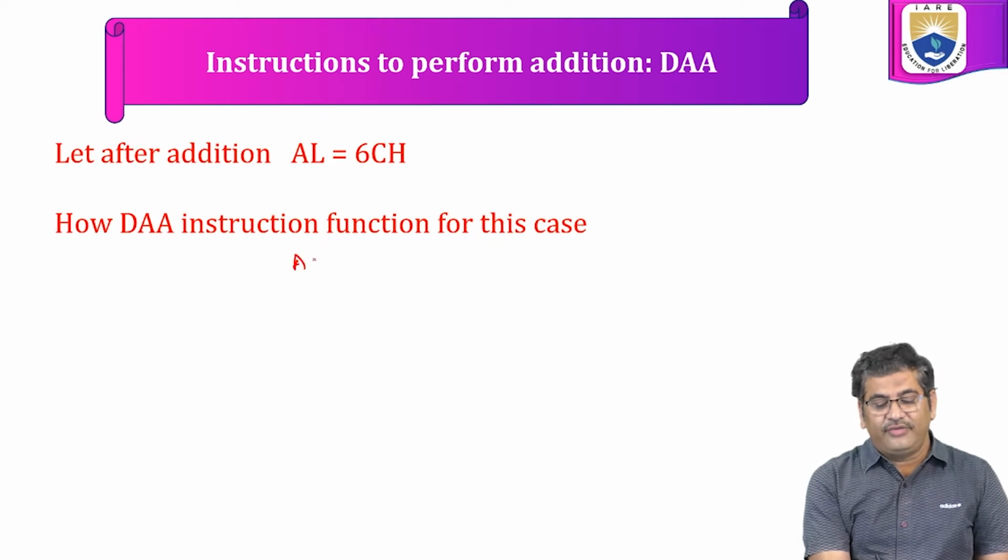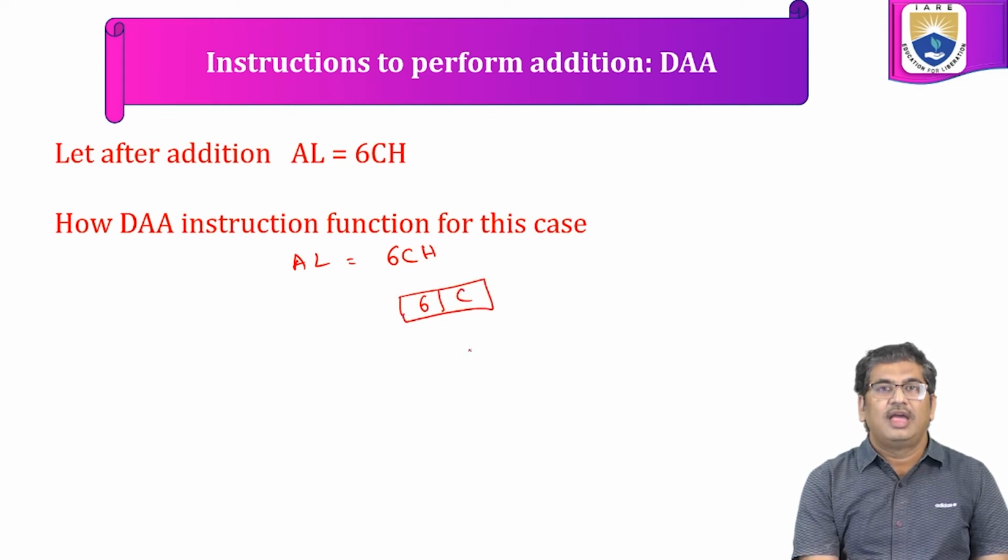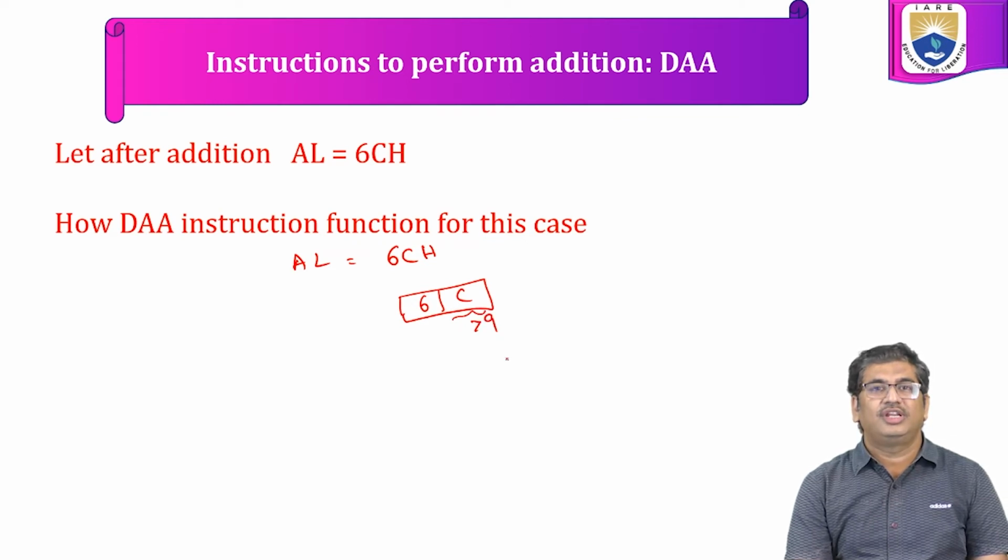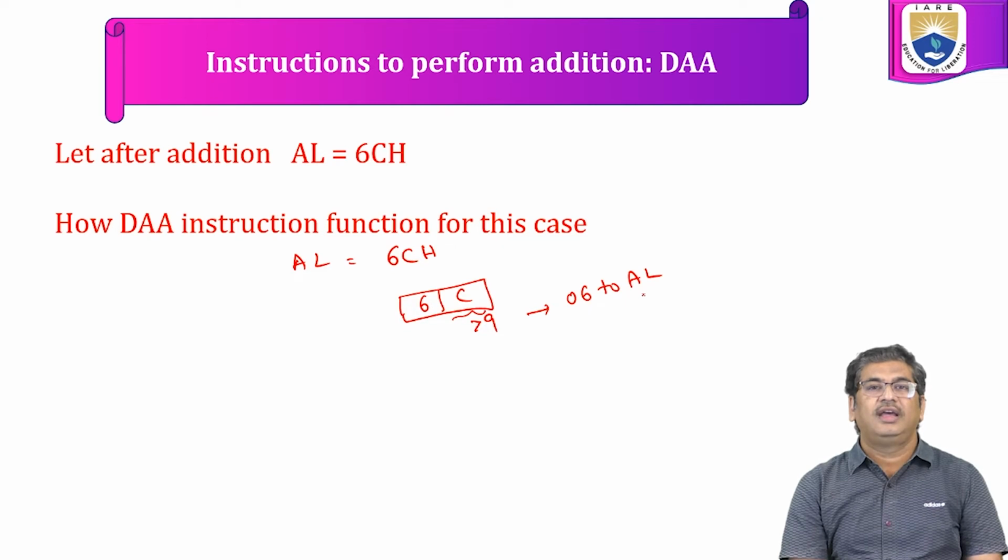So here we have AL equivalent to 6CH. In the first step, it is going to examine the lower nibble. As this lower nibble is greater than 9, not a valid BCD number, we have to add 06 to the AL register contents.